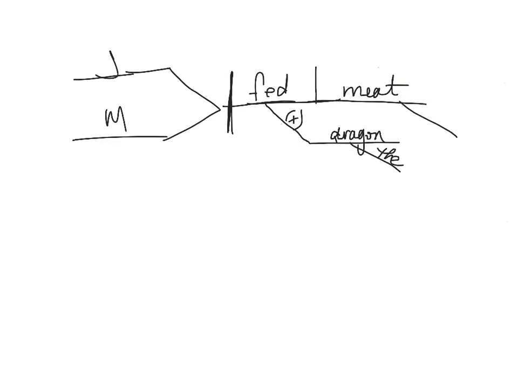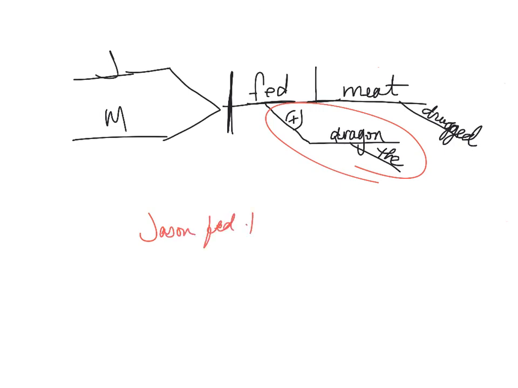drugged meat. When you're trying to find your indirect object, you have to always remember that this indirect object could be dragged to the back. So if I have Jason fed the dragon meat, that is actually the same sentence as Jason fed, what did he actually feed?